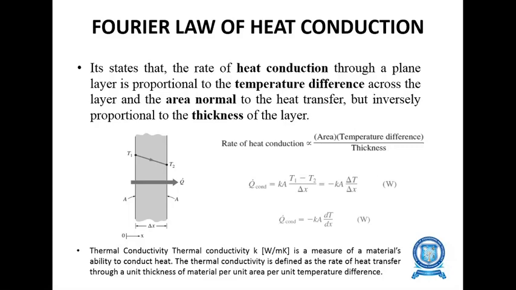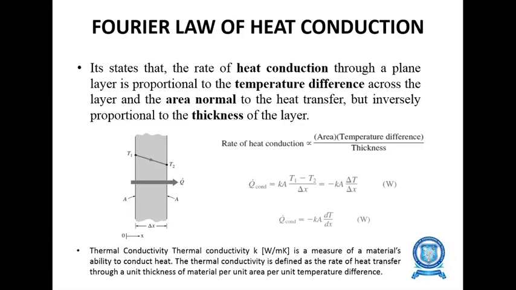Therefore, Q conduction is equal to K into A, where K is the thermal conductivity, A is the area, multiplied by the temperature difference, the higher temperature minus the lower temperature, divided by delta X. Delta X is the length or thickness of the layer.